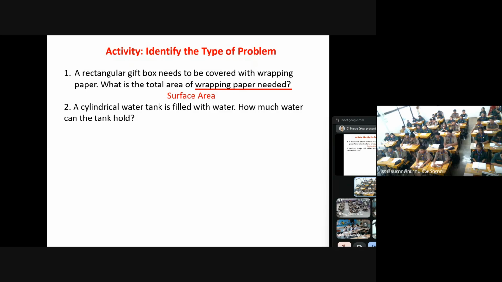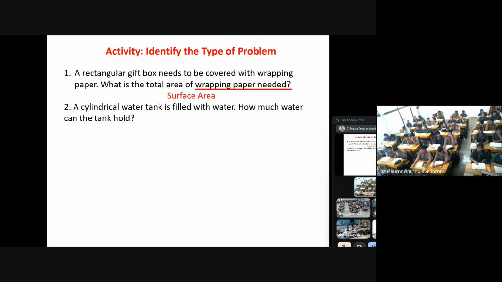Okay, wait. Repeat after me. A cylindrical water tank is filled with water. How much water can the tank hold? Okay, what is this?